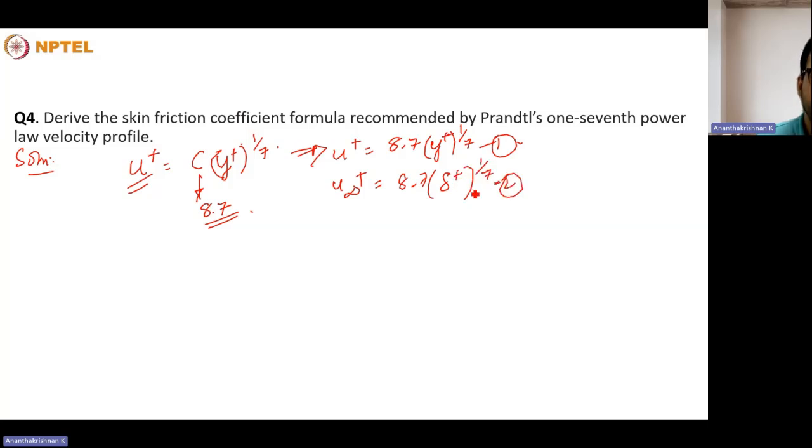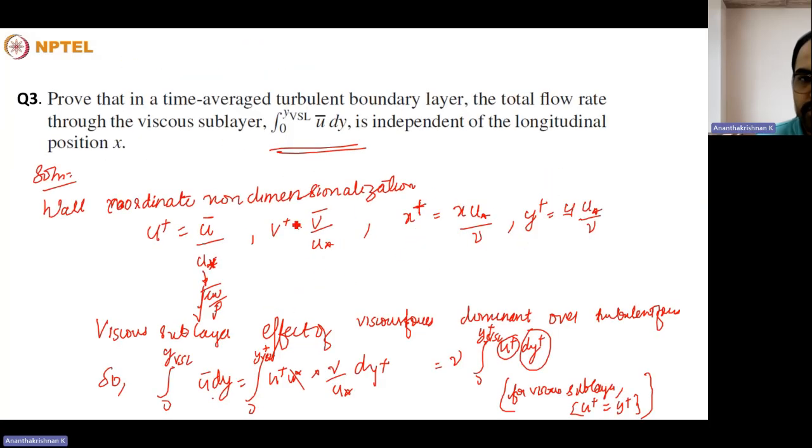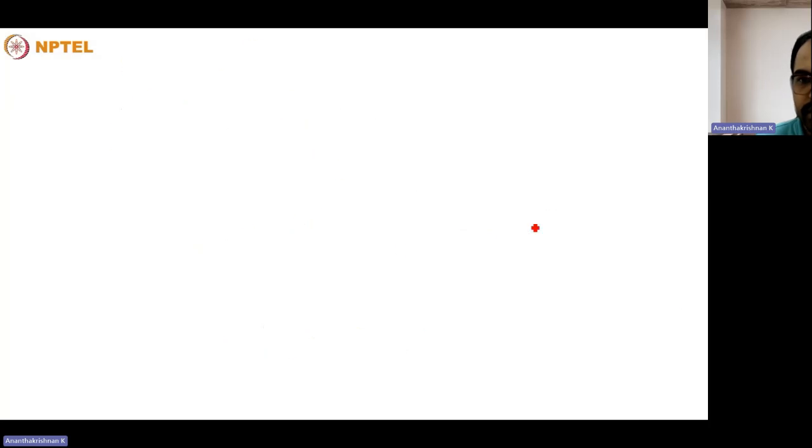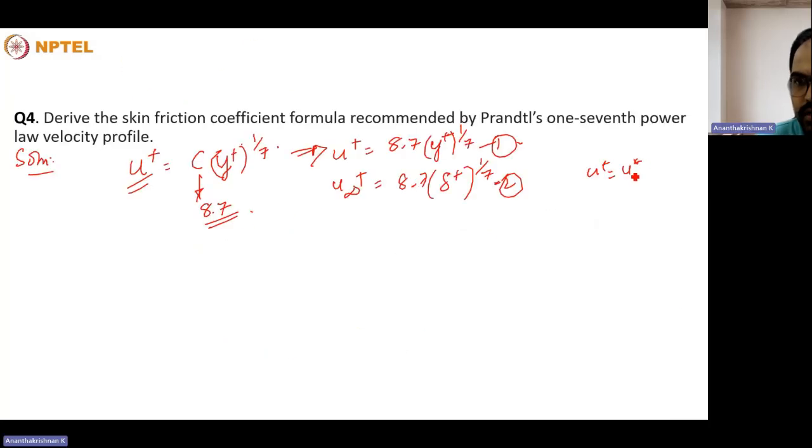So we also have to non-dimensionalize this. As we have seen in the previous case, u plus is equal to u bar divided by u star, u infinity plus is equal to u infinity divided by u star, y plus is equal to y u star divided by nu, and delta plus is equal to delta u star divided by nu.